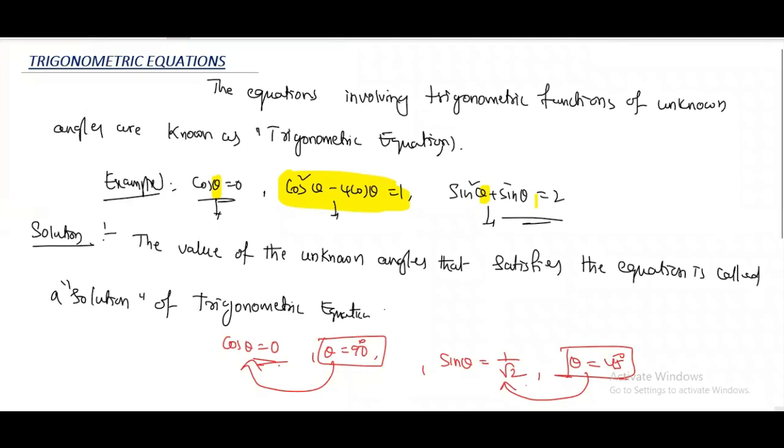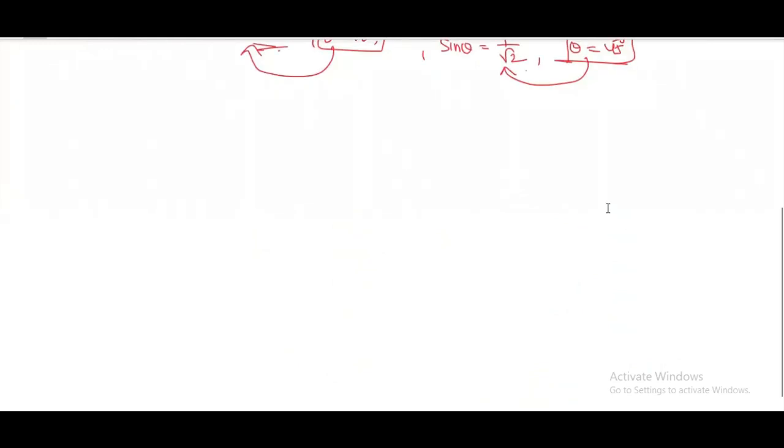So this is called the solution of the trigonometric equation. One important thing: for every trigonometric equation there may be an infinite number of solutions.